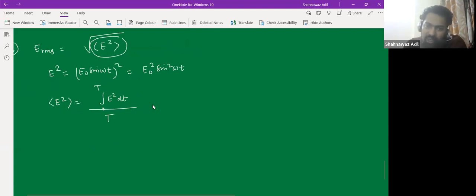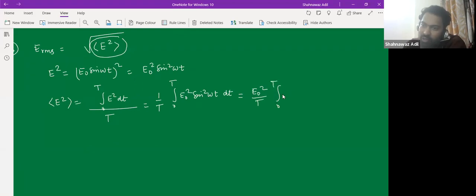So let me write it as 1 by T, and this is E naught square sine square omega t. Now we have to take the integration of sine square. So how do we integrate this?